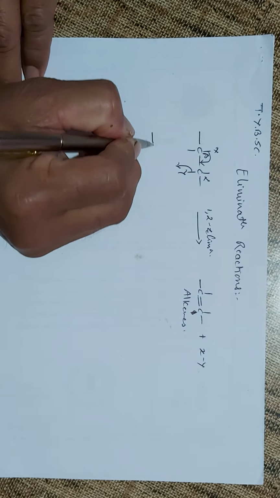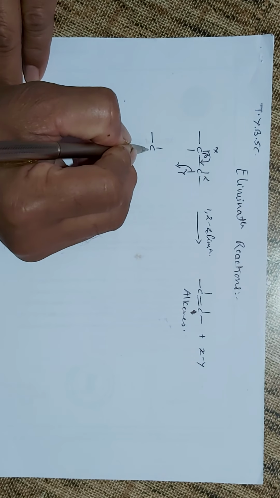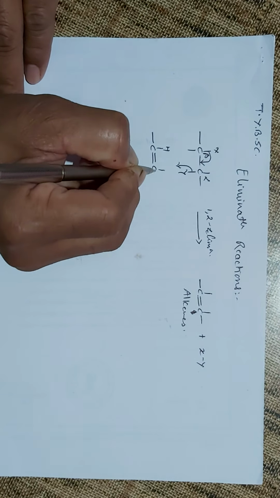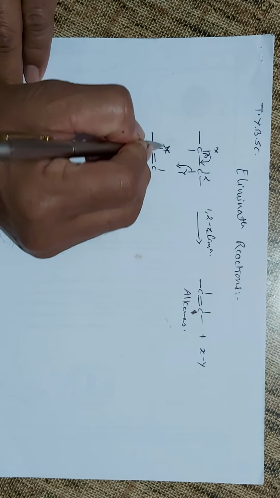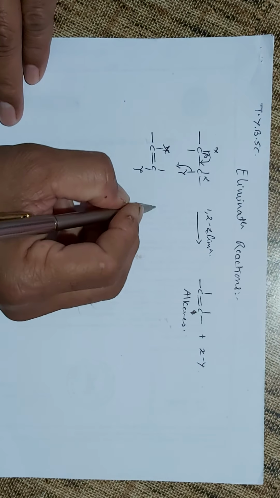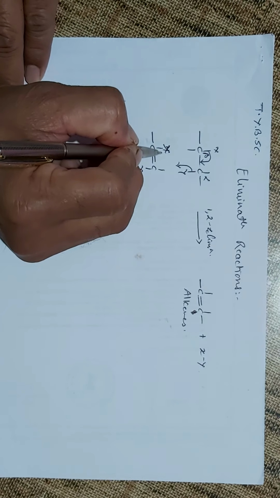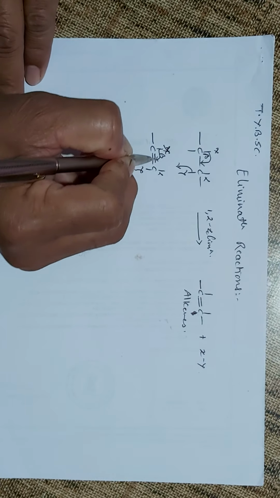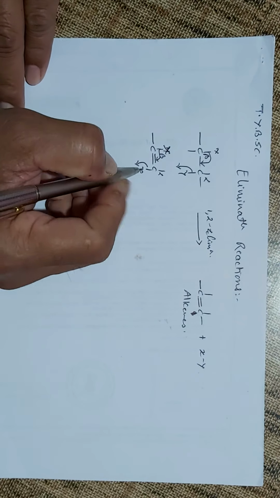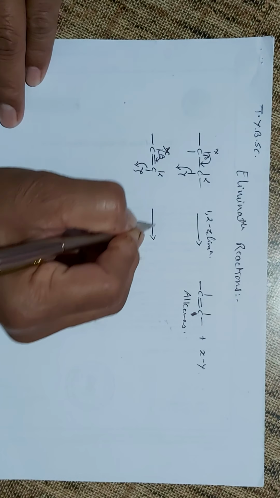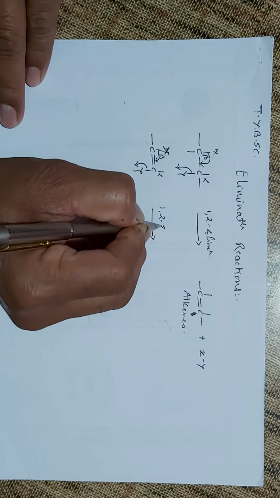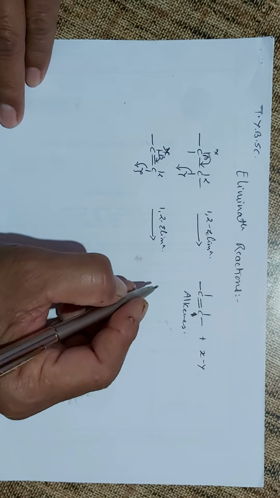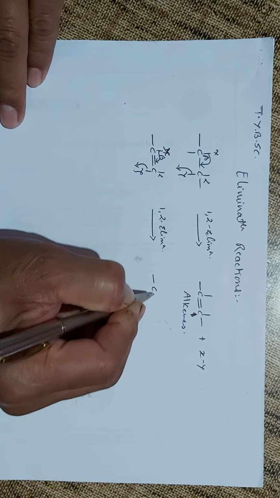In the same way, if the elimination is carried out on the alkene, the atoms are eliminated from the alpha and beta carbon atoms, the adjacent carbon atoms, and so this is termed beta elimination or 1-2 elimination.